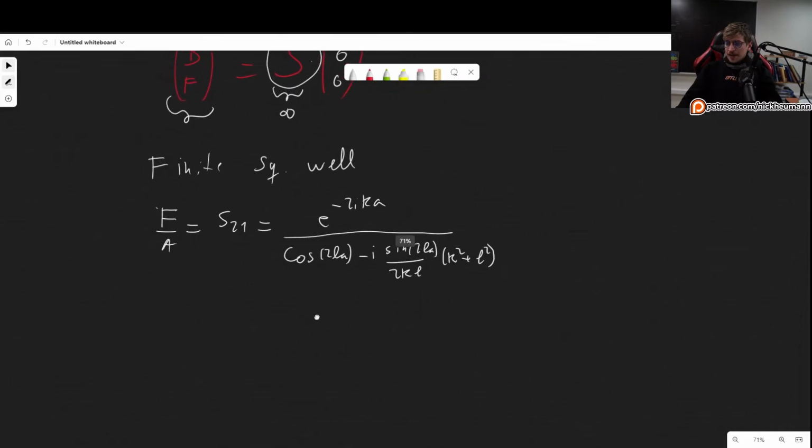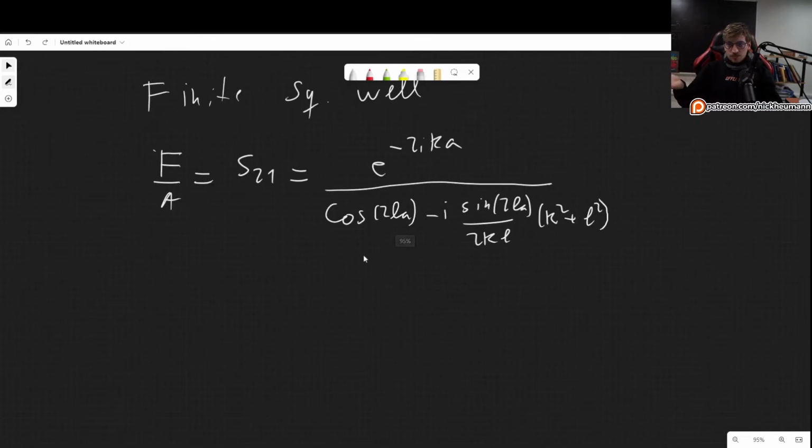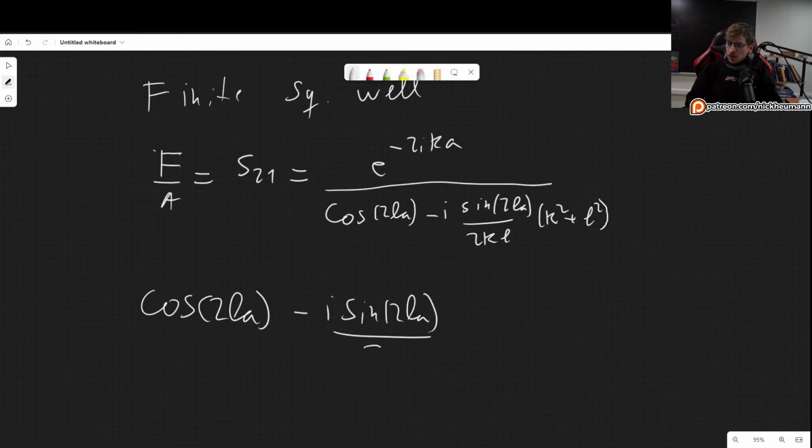Now, how can we do that? Well, for this to blow up, because this is one of the elements of the scattering matrix, we need it to go to infinity. And for that, the denominator needs to be 0. So basically, the cosine of 2la times 2kl minus i sine of 2la times k squared plus l squared needs to be 0.